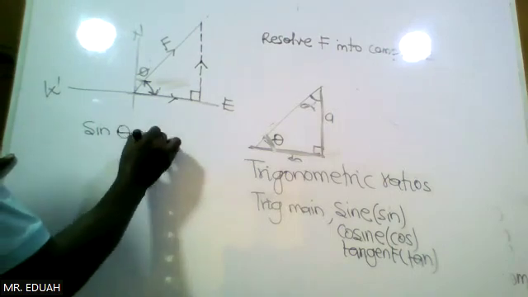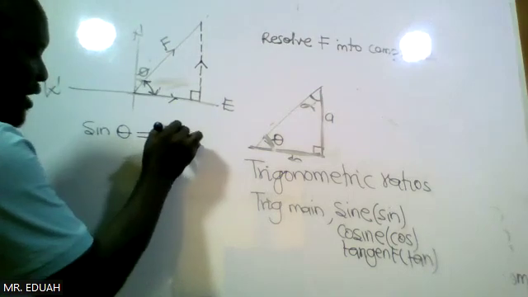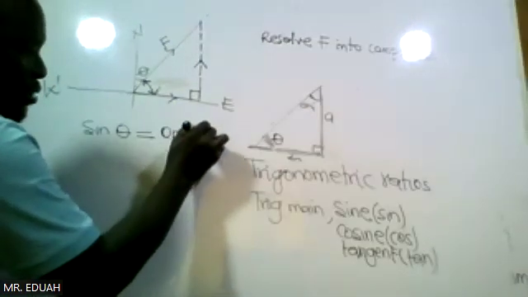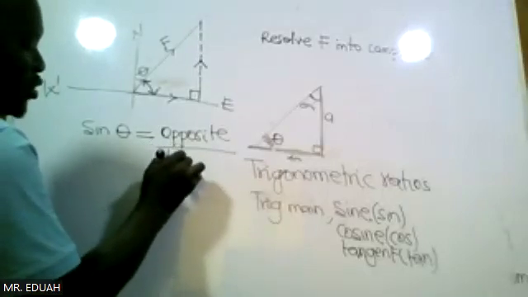When we talk about sine, it is the ratio of the opposite side of the right angle triangle over hypotenuse.